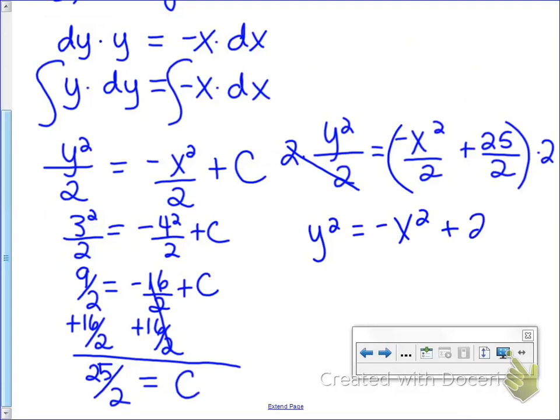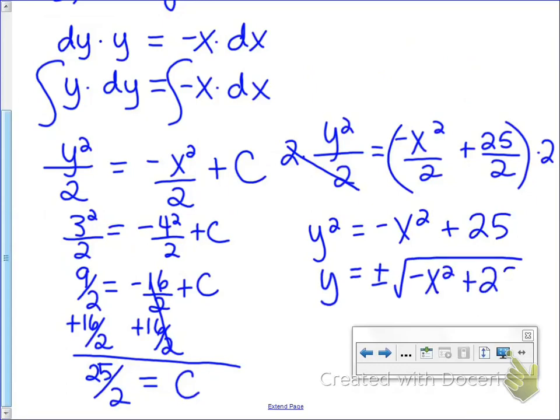We like that because that's kind of nice, right? That gets rid of all the 2's there. And then to get y by itself, square root both sides.